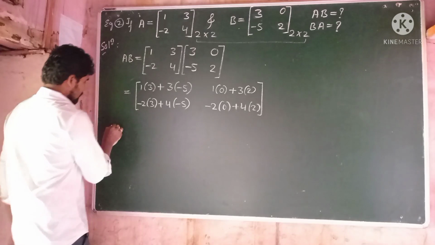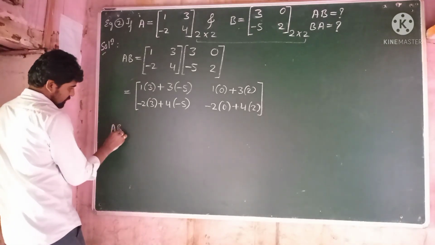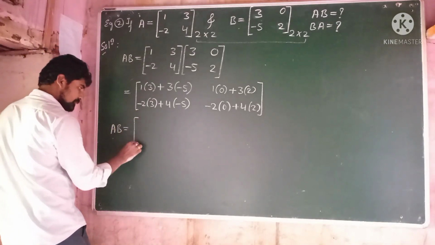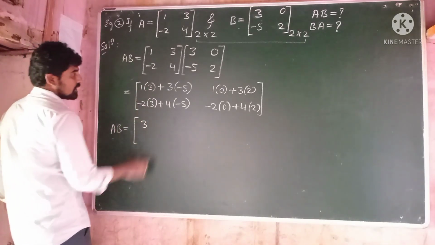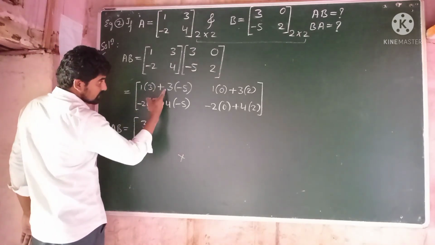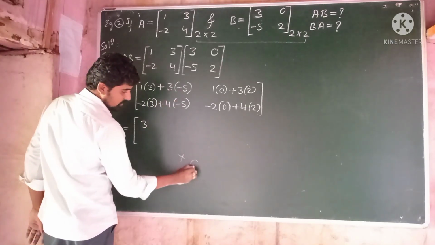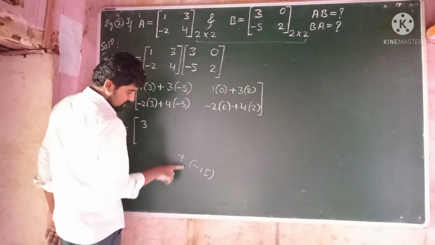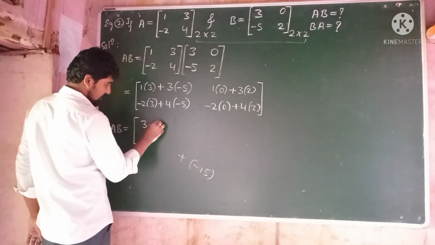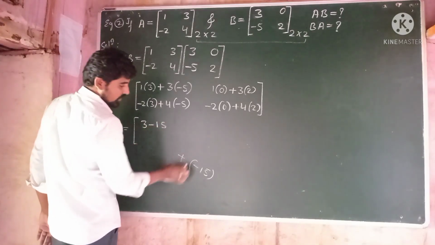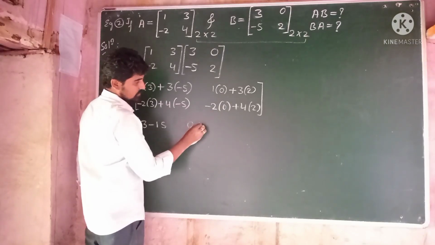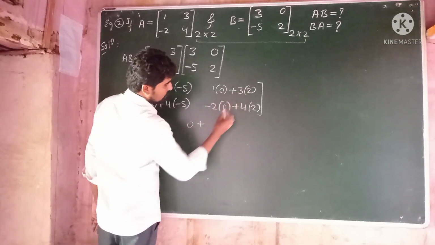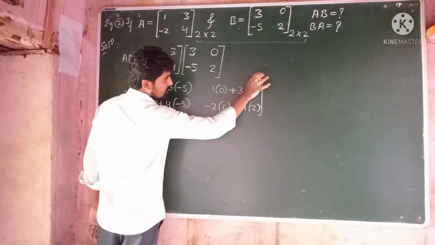Now, therefore matrix AB is equal to: 1 into 3, 3, plus 3 into minus 5, minus 15. So plus into minus, minus 15. I hope all of you understand. Now 1 into 0, 0, plus 3 into 2, 6.